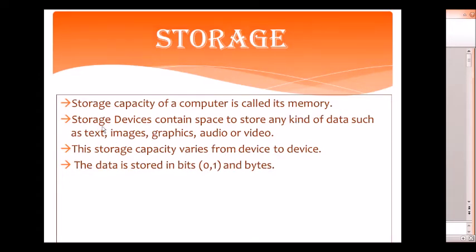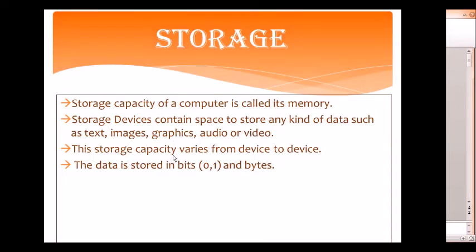Fine. Storage devices contain space to store any kind of data such as text, images, graphics, audio or video. That means there is some space in these storage devices in which we are storing all this data.